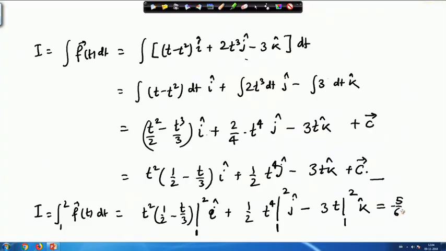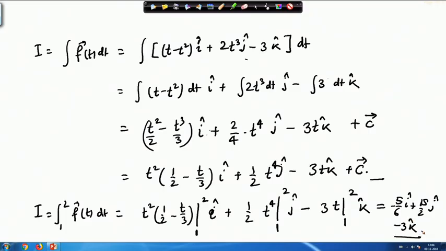The value of the constant at 2 and at 1 would remain the same constant, and a constant minus a constant would be 0. So c would no longer appear, and if you solve this whole thing, you will end up getting minus 5 by 6 i plus 15 by 2 j minus 3k.